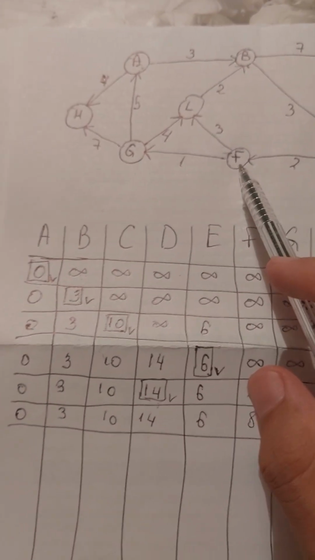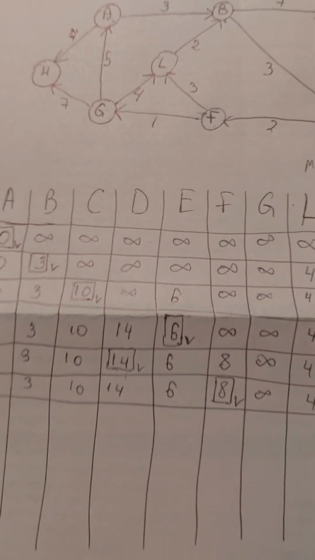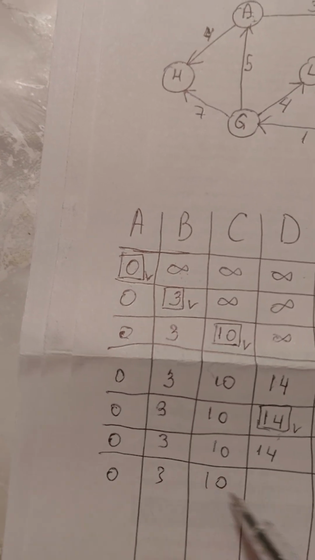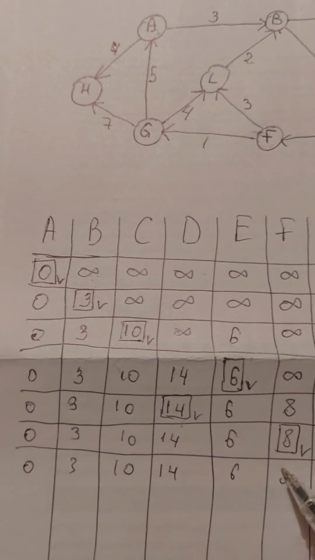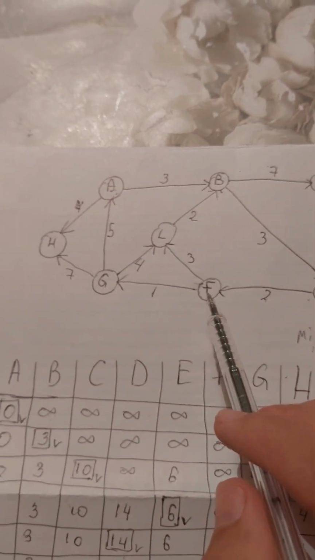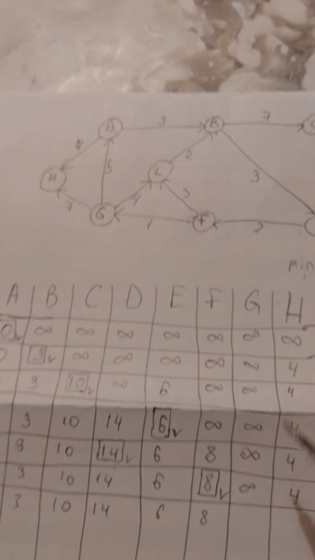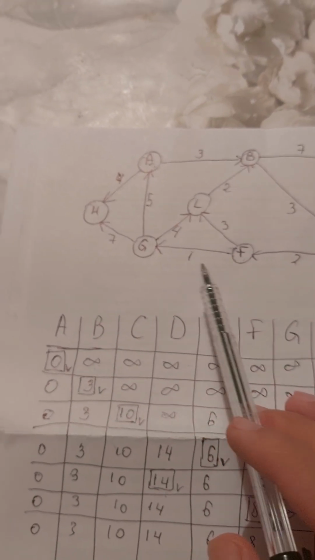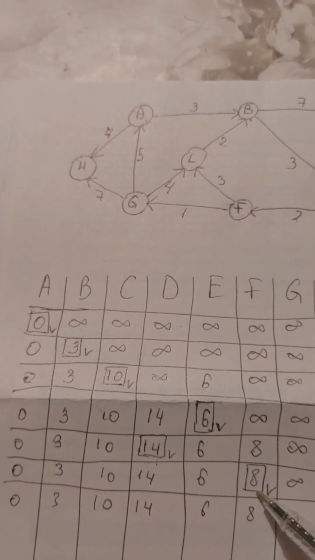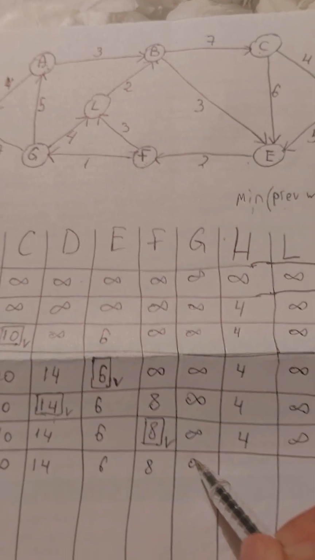Next one is F. So here we keep F as the previous label. 0, 3, 10, 14, 6, 8. From F we have direct paths from F to L and from F to G. Okay, from F to G the weight is 1, the previous one is 8. 8 plus 1 is 9. 9 is less than infinite, so here we write 9.